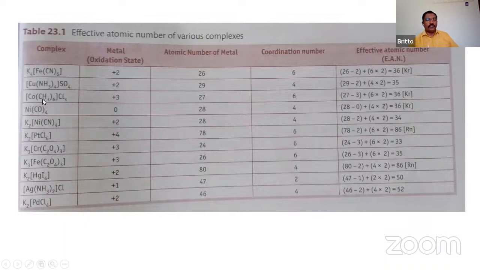And cobalt 3 plus: atomic number 27 minus 3 is 24, plus 12, 36. Okay, it is stable, it reached the closest noble gas configuration, krypton. And nickel tetracarbonyl, nickel here has oxidation state 0, atomic number 28 plus 8, 36.